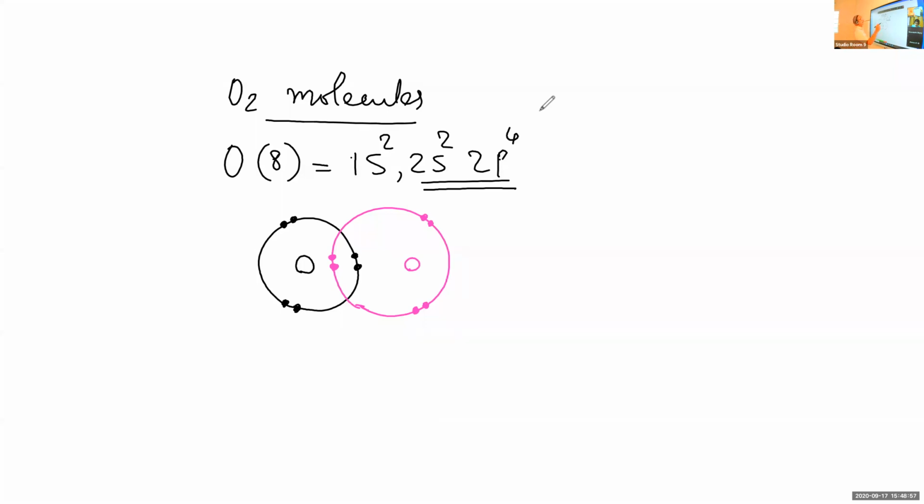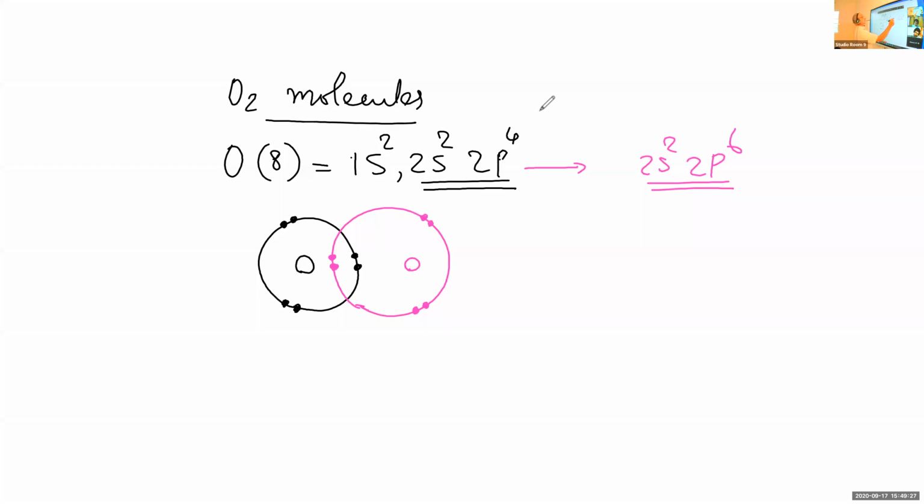So the electronic configuration 2s2, 2p4 changes to 2s2, 2p6 by forming 2 covalent bonds. 2 more electrons are obtained by both the oxygen atoms, so the octet will be completed.